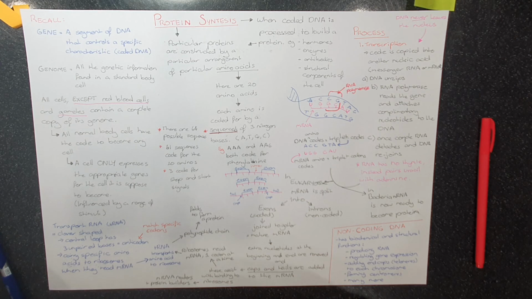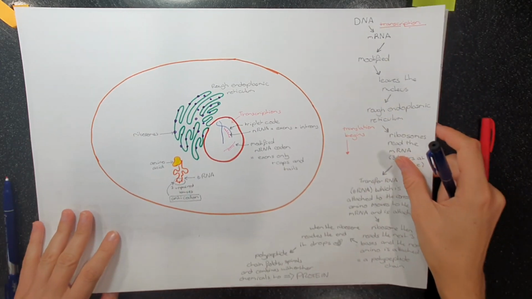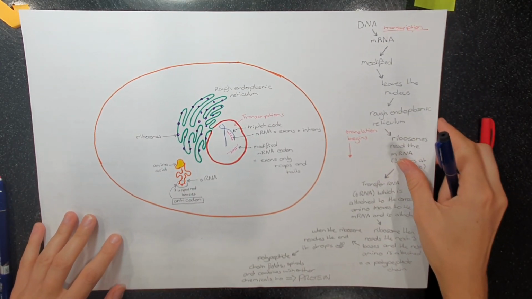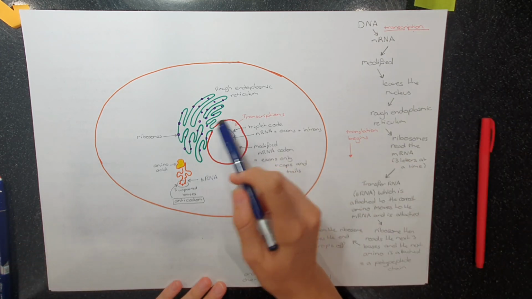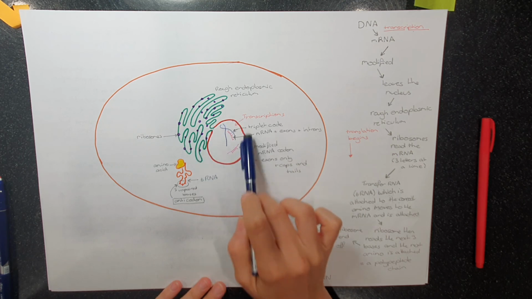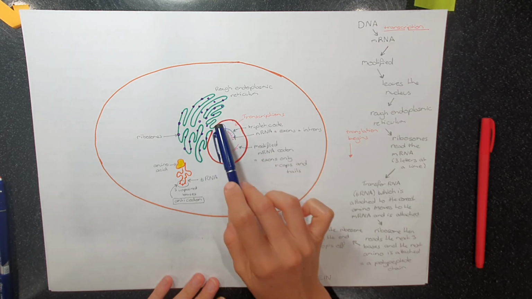So if we come back to our diagram just one last time, one last recap for it all. We know that protein synthesis begins inside the nucleus with the DNA.